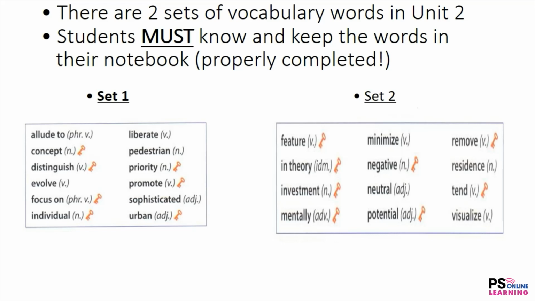Concept is an idea. Okay. Concept is an idea. So if I ask you, what is your concept? I'm actually asking you, what is your idea? Okay. Distinguish is something being specific. Like I can distinguish different shapes.